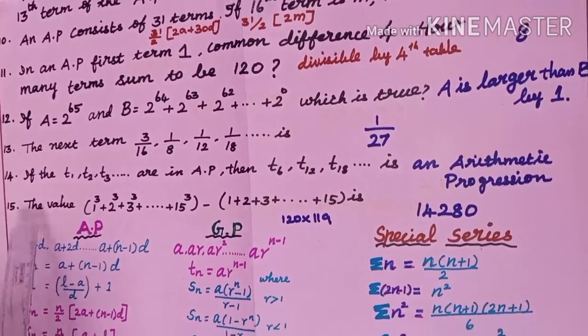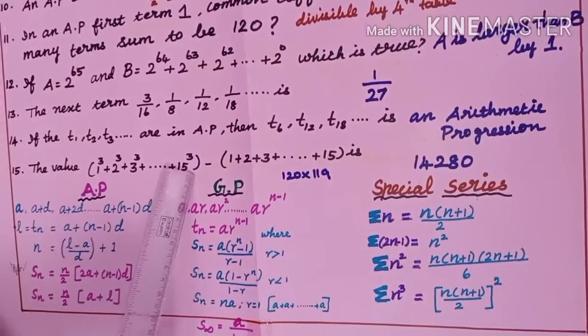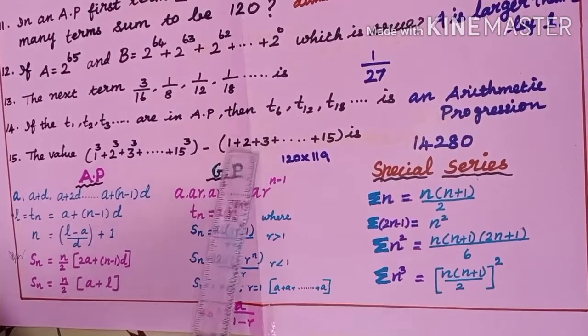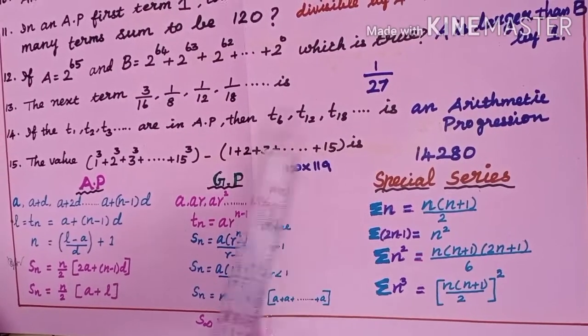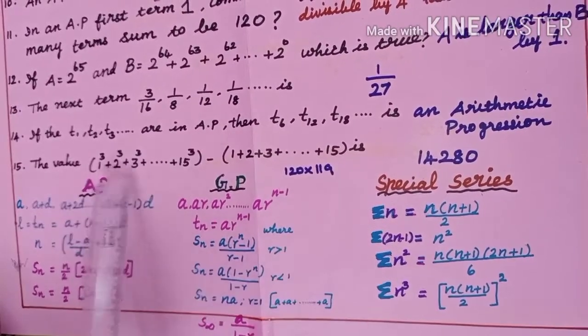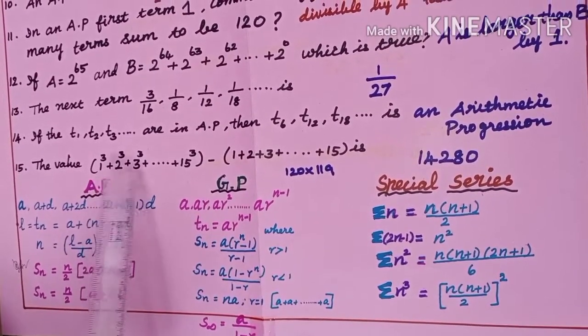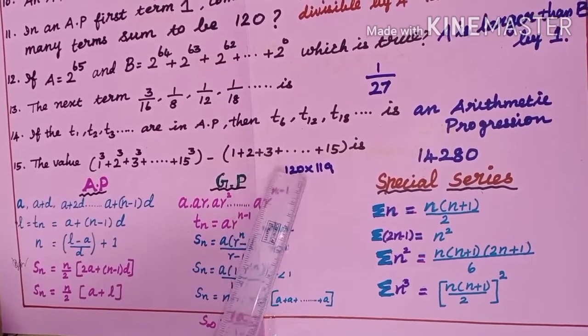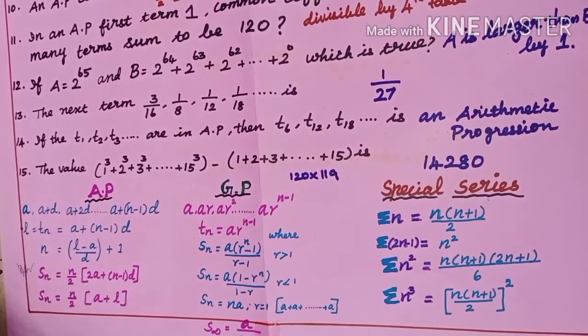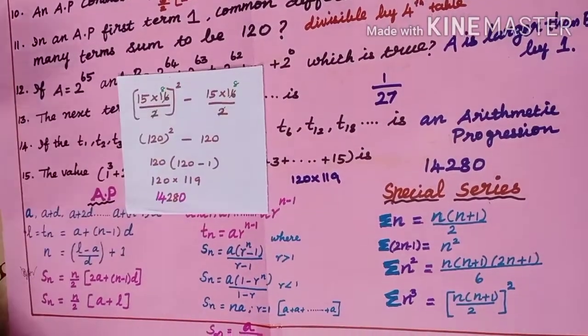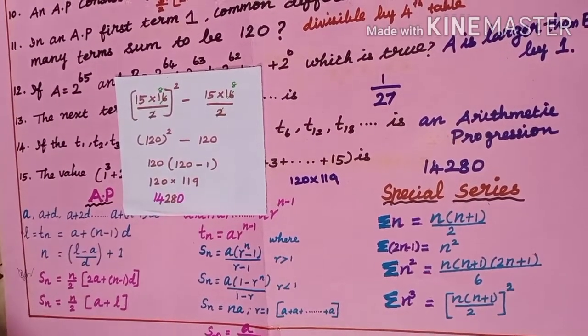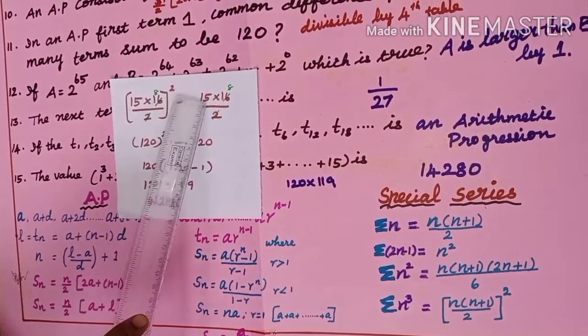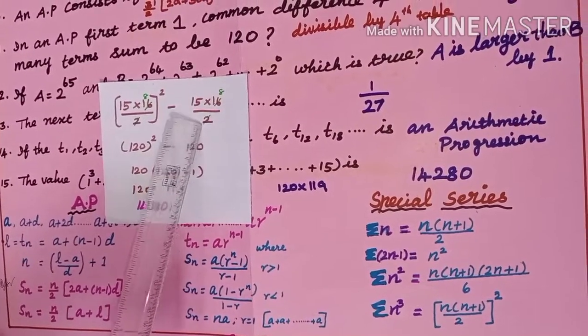15th question, find the value of the sum of cubes minus the sum of the natural numbers 1 to 15. What is your formula? The sum of cubes is (n into (n plus 1) by 2) the whole squared, and the sum of numbers is n into (n plus 1) by 2 only. Calculating, 15 into 16 by 2 the whole squared minus 15 into 16 by 2.